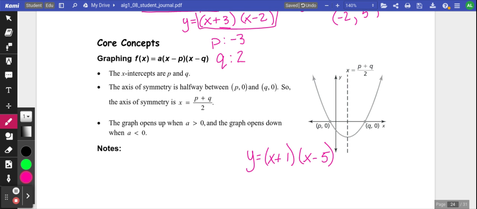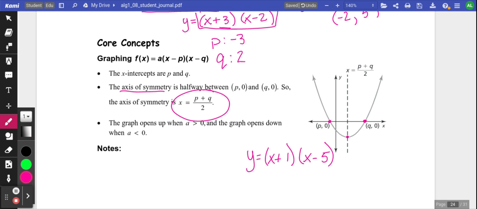There are 3 points that we want to graph: each x-intercept, and our vertex. The way we find our axis of symmetry, which is also where our vertex is, is with this little equation: x is equal to p plus q divided by 2.